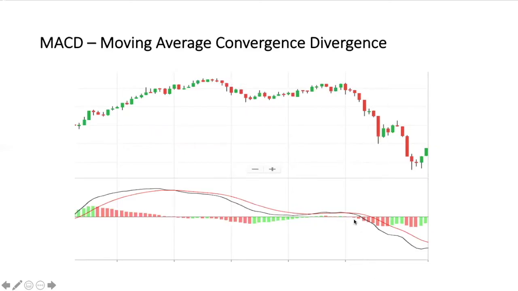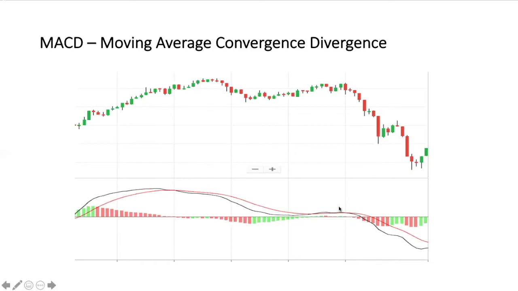The moment the MACD line crosses the signal line and then hits the zero line, you can see the market is also falling down. So this gives us an indication that if the MACD is crossing over the signal line, we can see a bearish phase on the downside.